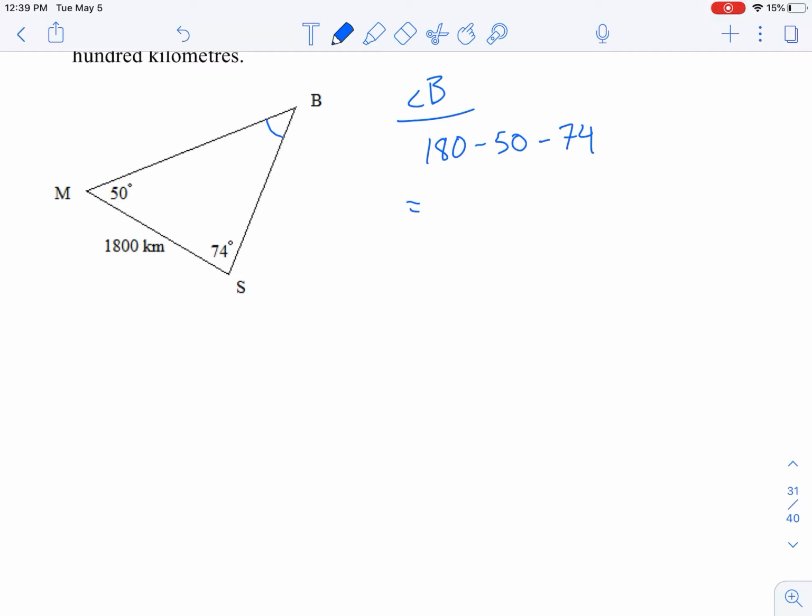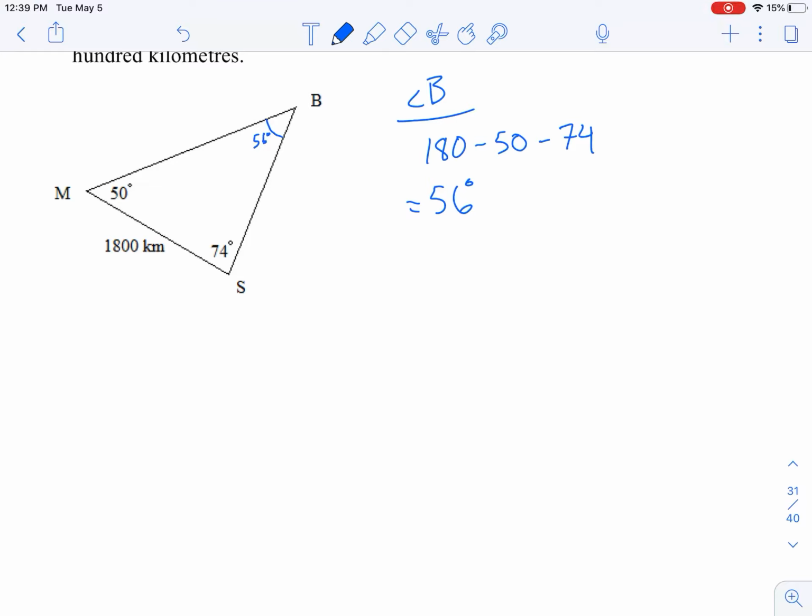So what does that give us? 50 and 74 is 124. So 56 degrees. So we get the answer of 56 degrees for B.